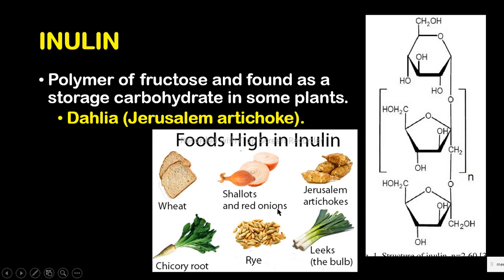You can have a look at the structure. You have the OH here, and the OH here, and the OH here. So there are those OH groups that condense together to form those bonds, the glycosidic bonds that will hold the fructose molecules together.